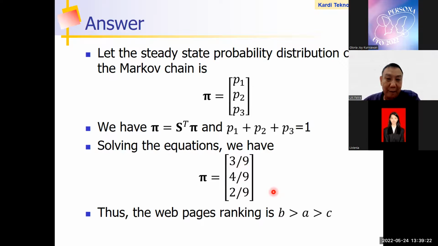Is that correct or not? So the first one is 1/3. The second one is 4/9 and then 2/9. Is that correct? This is the limit distribution. Did you get it?